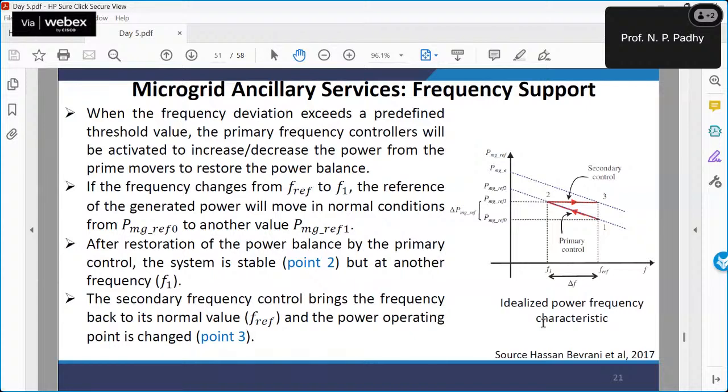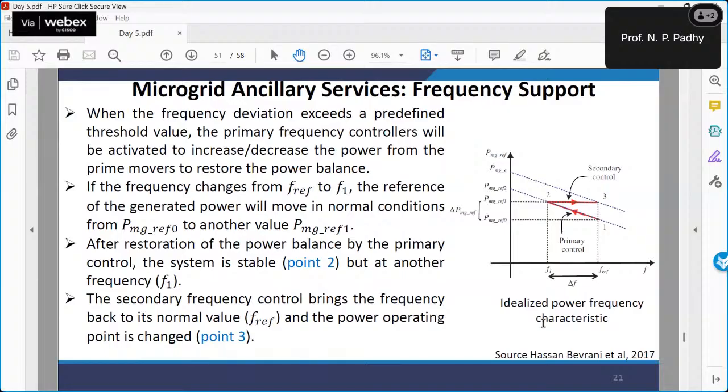After restoration of the power balance by the primary control, the system is stable, point number 2, but at another frequency F1. The secondary frequency control brings the point to point number 3.